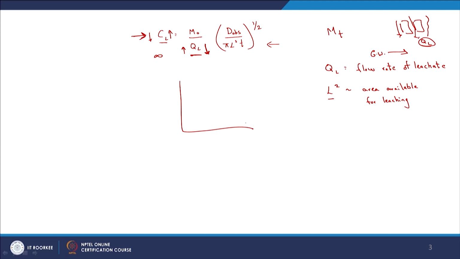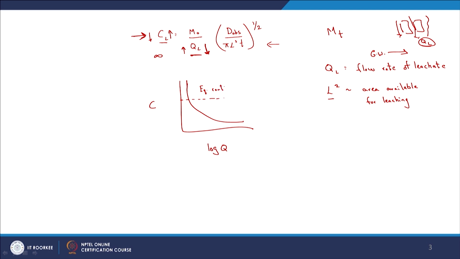So, in this context, we can look at this particular graph. Let us say we have C_L here, and log Q out here. What is the graph typically going to look like? It is going to be something like this. And obviously, from here on out, it is equilibrium controlled, all throughout here.